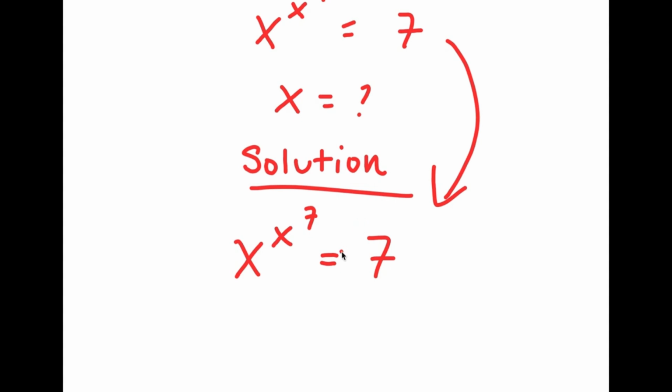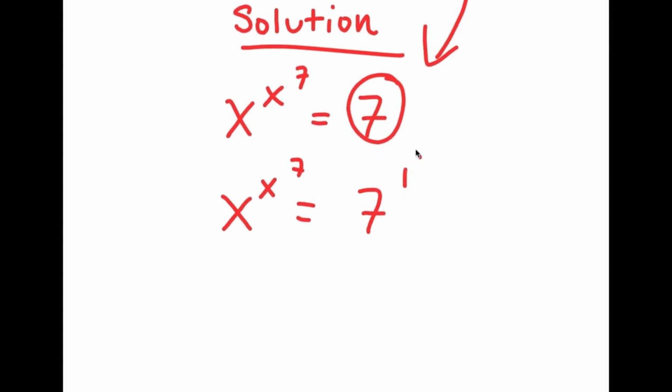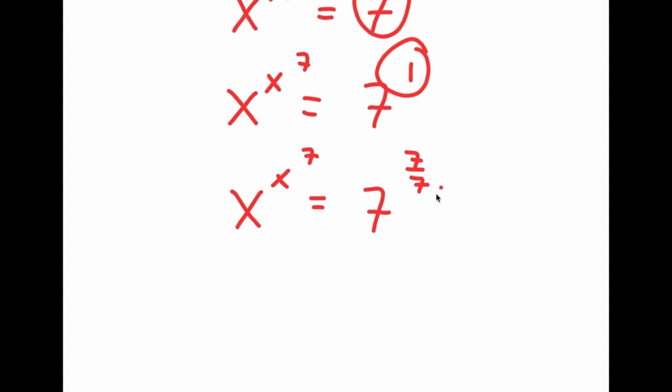Now what I'm going to do is, 7 here, this is the same thing as 7 to the power of 1, right? And 1, I can rewrite 1 as 7 over 7. 1 is the same thing as 7 over 7 because any number over itself is equal to 1.